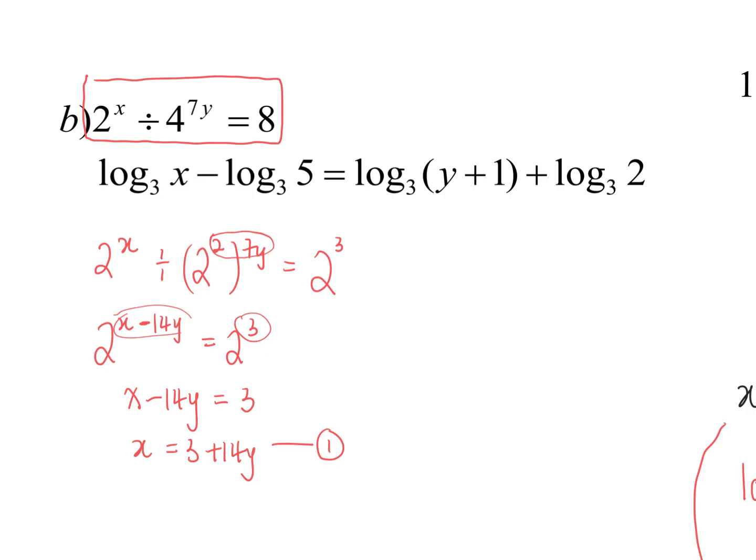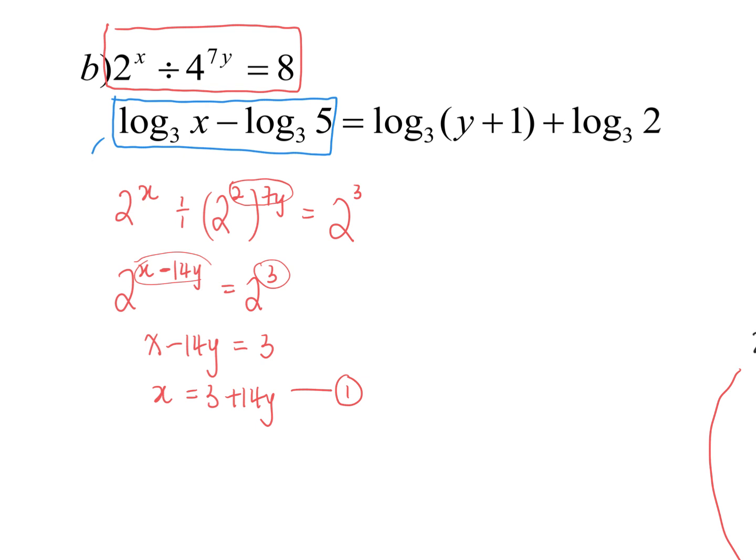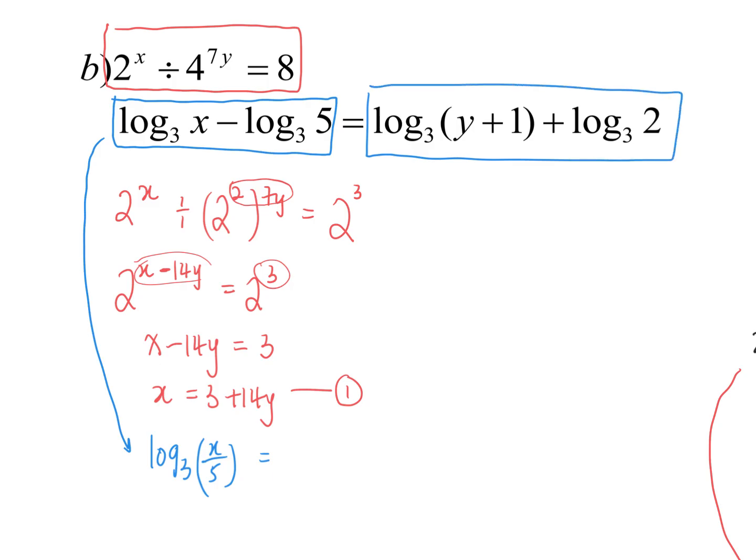Equation 2, you want to be able to combine the log base 3 expression on the left. What do you get? So log base 3, if it's minus, what do you do to the expression? Divide. So it's x over 5 inside. Same thing here, but the difference is this is a plus, so what do you do?